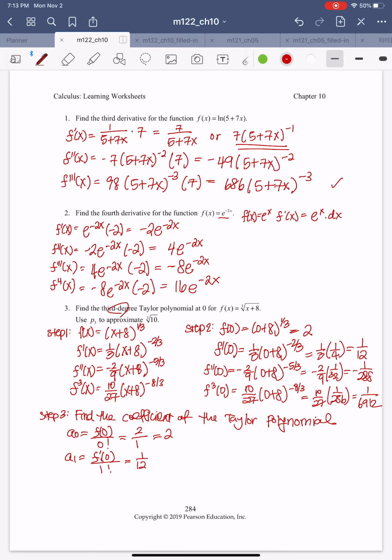A sub 2, I'll put it over here because I'm running out of space. A sub 2 will be f double prime of 0 over 2 factorial, so that is negative 1 over 288 divided by 2 times 1, which is 2. So I will be multiplying by 1/2, which gives me negative 1 over 576.